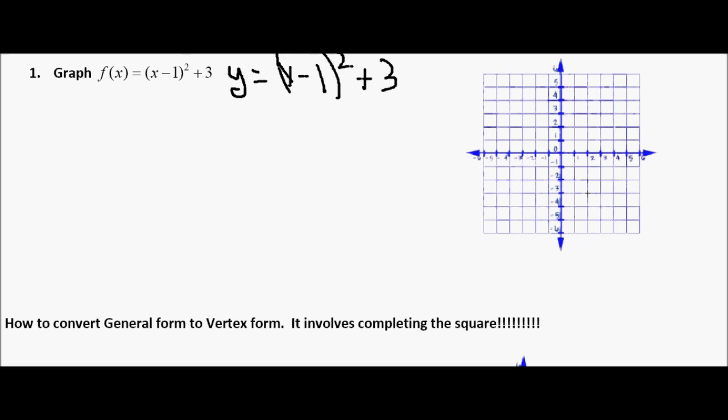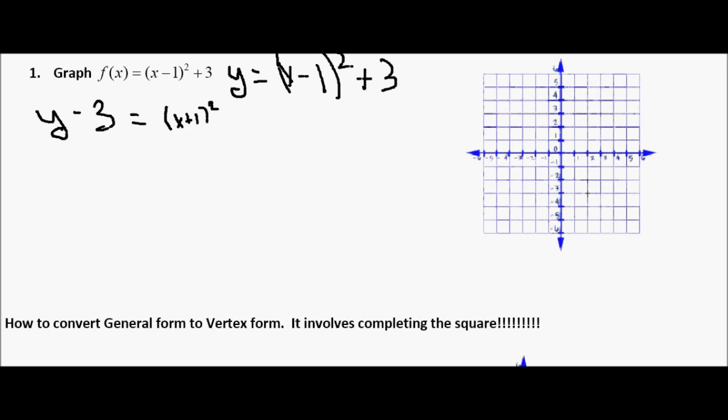And then I'm going to subtract the 3 over to the other side with the y, so it looks just like the form we were looking at in class the other day. So y minus 3 equals x plus 1 squared.